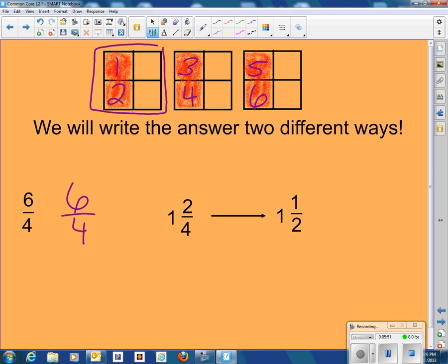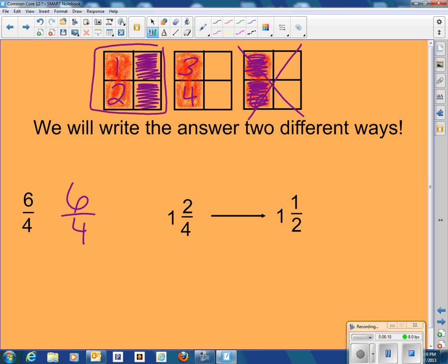We're going to write it a second way. In the second way, you go to your last group, and I'm going to take out 1/4, and I'm going to add it to the first group. I'm going to take out another 1/4, and I can also add that to the first group. I have used up all of my 1/4s in the last group.